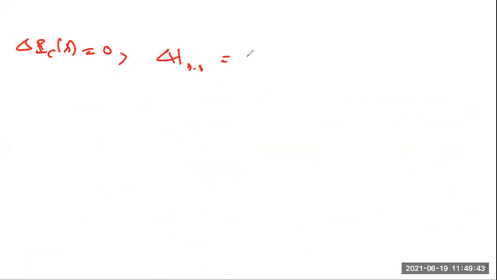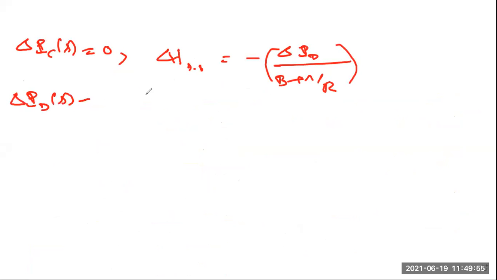So delta F steady state in that case is minus delta PD by B plus 1 by R. This we have derived in the last class. And now we have derived delta PD equal to 0.